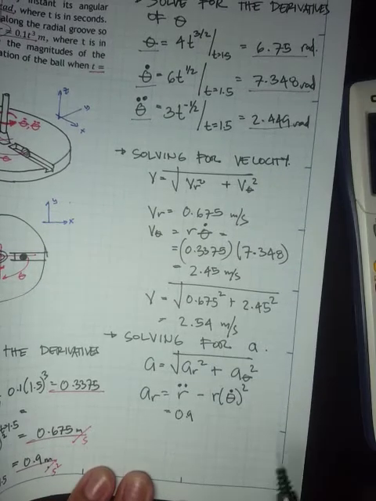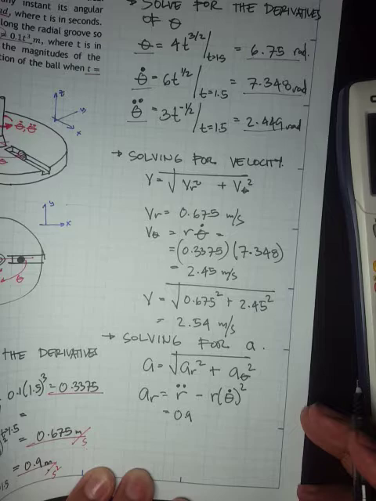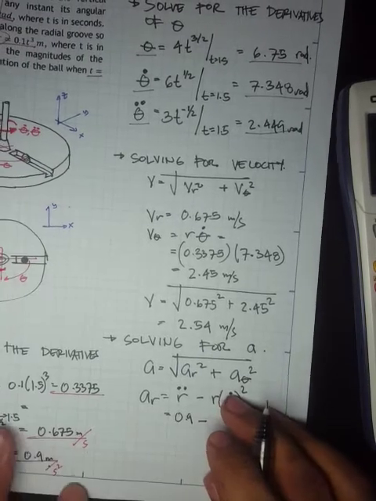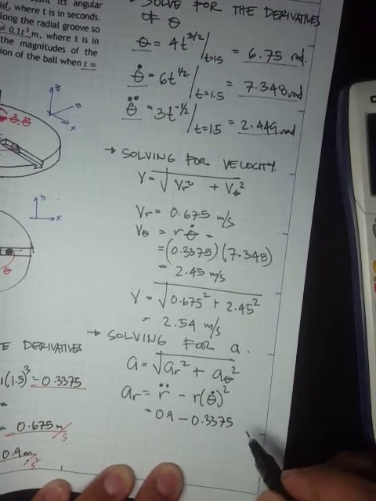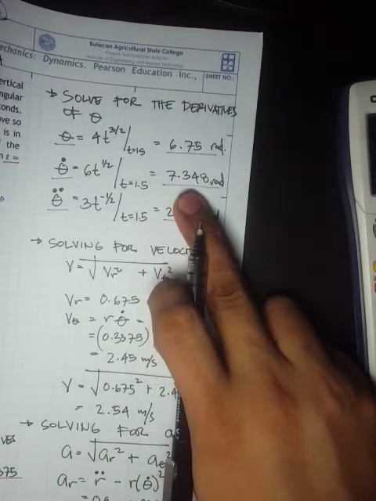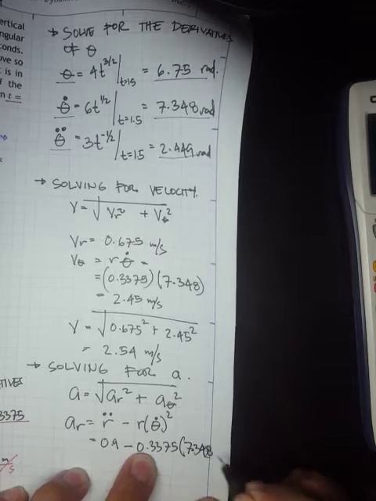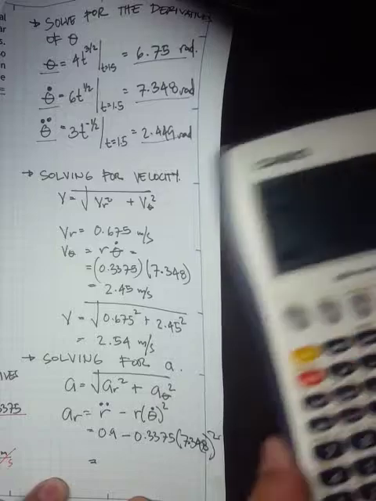Okay, so what else? Minus r. Now what is r? 0.3375 times theta dot. Our theta dot is 7.348, squared.